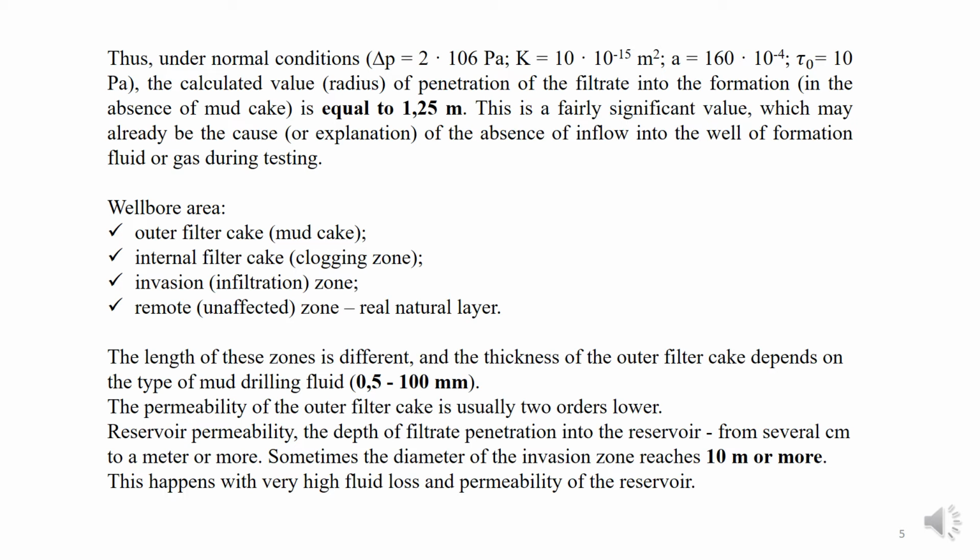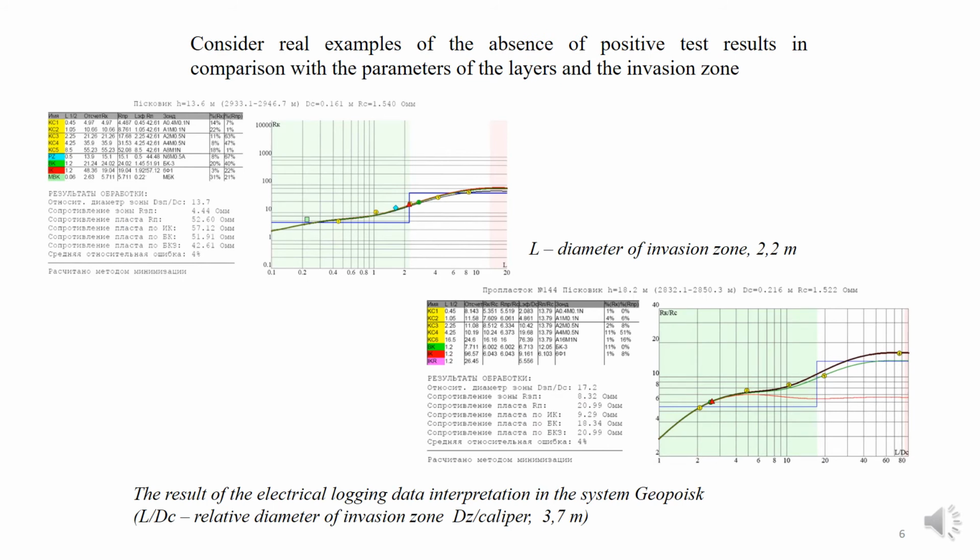Depending on reservoir permeability, the depth of the filtrate penetration into the reservoir is from several centimeters to a meter or more. Sometimes the diameter of the invasion zone reaches 10 meters or more. This happens with very high fluid loss and permeability of the reservoir.